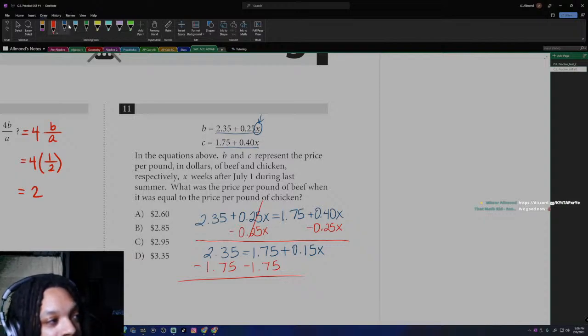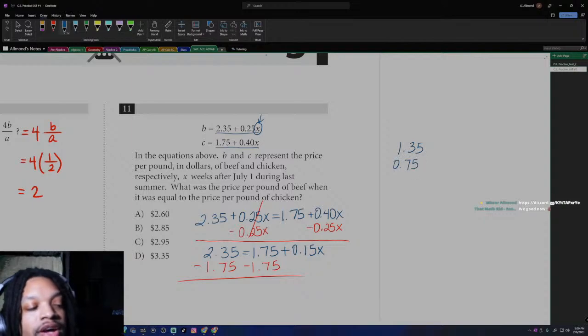Bro, I haven't subtracted decimals in so long. I want to see if I can still remember how to do this. So if I take 2.35 and minus 1, that'll give me 1.35. And from that, I have to subtract 0.75. So I started with 2.35, I subtracted $1, and then I'm subtracting 75 cents.